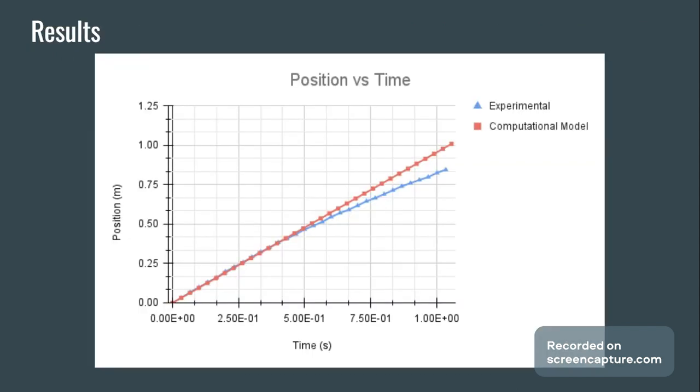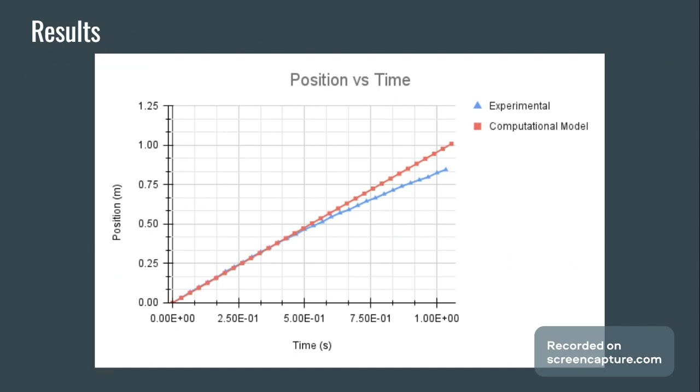And then I combined both of these sets of data into one graph so that we could compare them. And in this position time graph, the computational model and experimental model have a linear relationship and follow the same line.